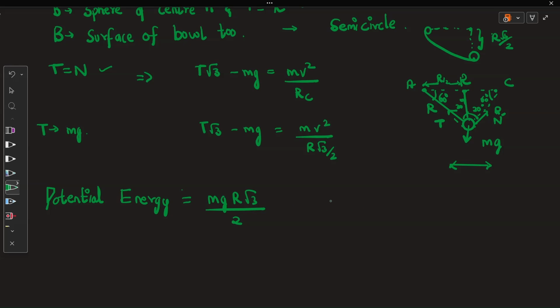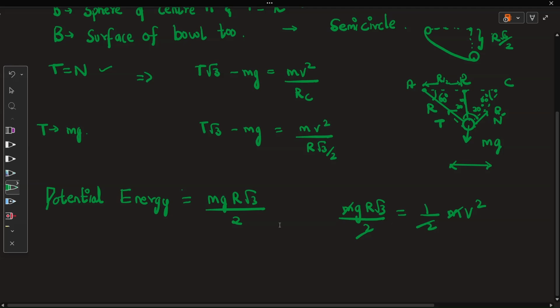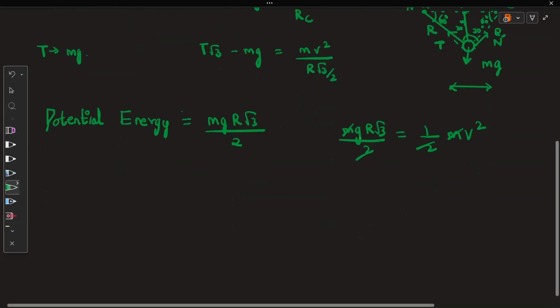And what is my final energy? For final potential energy, it is 0. Finally it's converted completely into kinetic energy. So mg r root 3 by 2 is nothing but half m v square. So at that particular point v square is nothing but g r root 3.